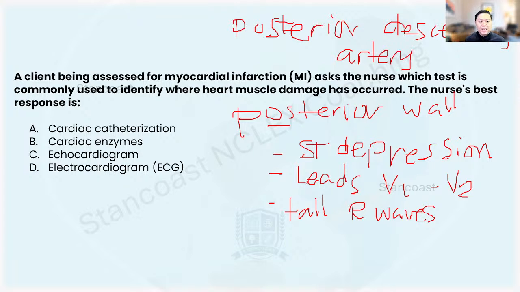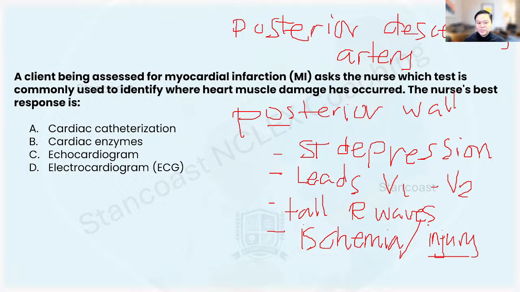If there is ST depression in leads V1 and V2, and also tall R waves, this gives us an idea that there is ischemia, or possibly injury to the posterior wall. We're talking about the ventricle.